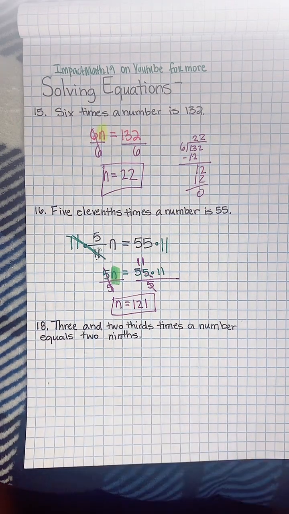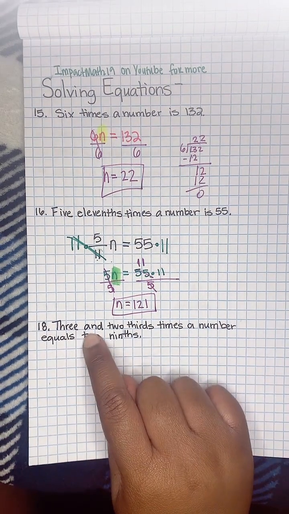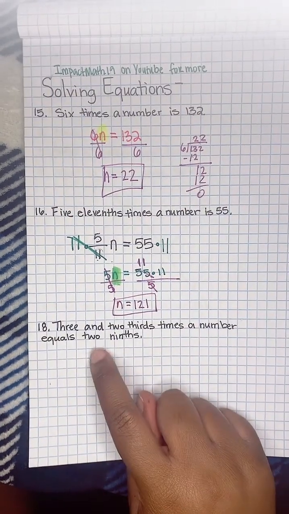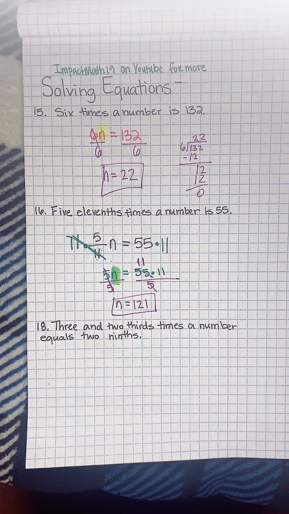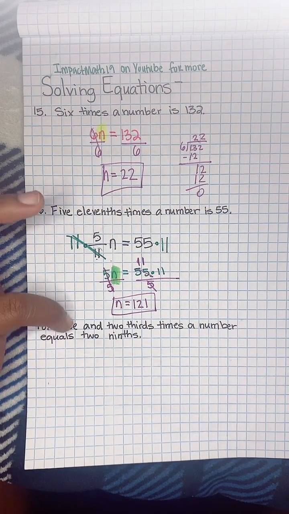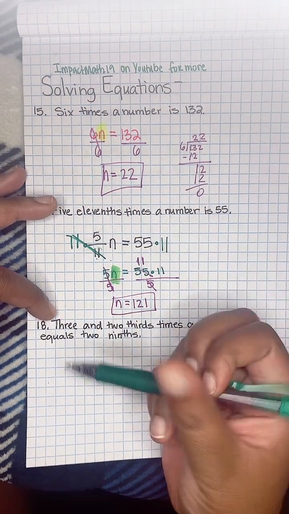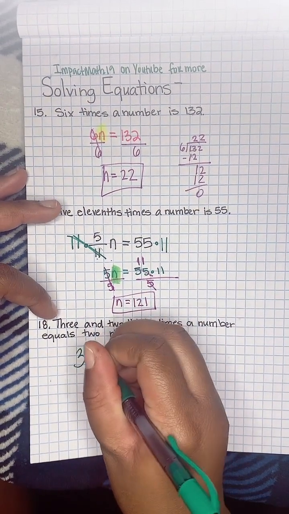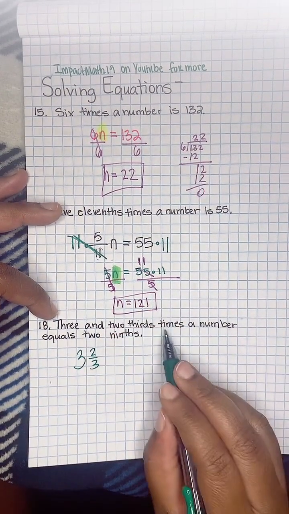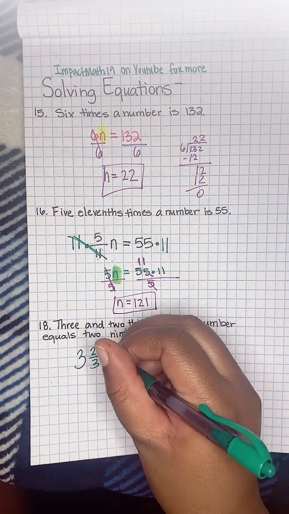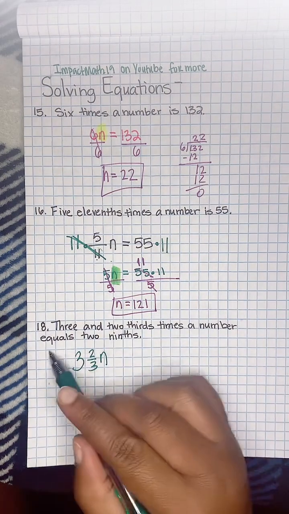All right, let's look at 18, you guys. 3 2/3 times a number equals 2/9. It's like, what? But 3 2/3. So 3 2/3 times a number. I don't know what I'm multiplying by, so I'm just going to put n by it.